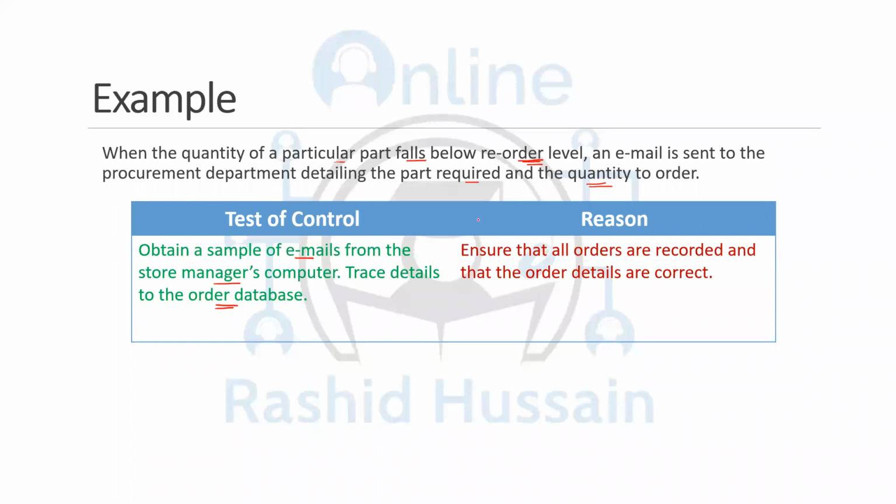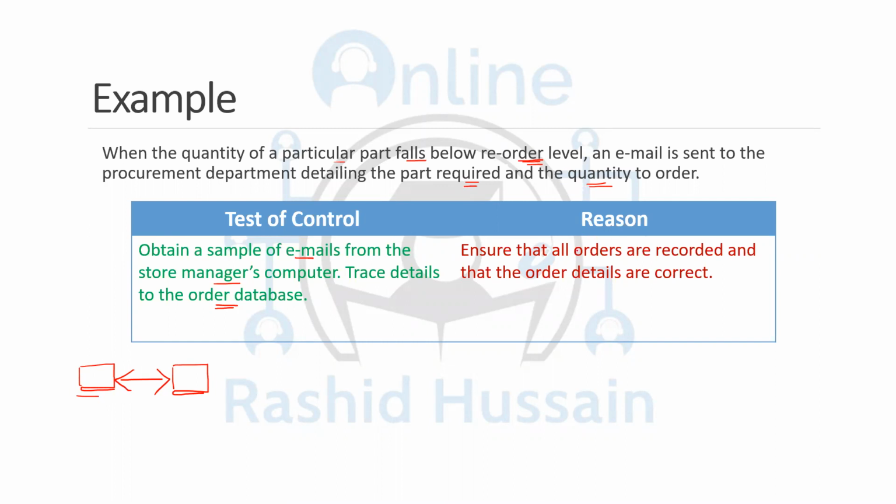Now the email is sent to the procurement department, which details the part required and the quantity. So you're going to take the emails from the system where the emails are sent and trace them to the order database. You're going to compare these two things: take some emails from there, trace them to there, and see whether the same details are mentioned over there.